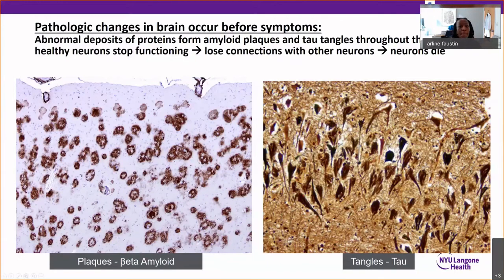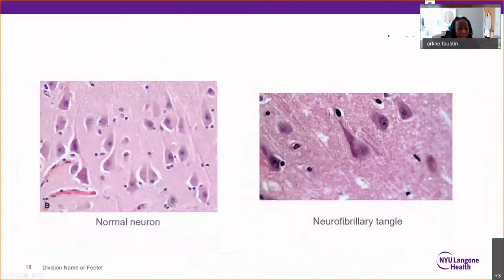But all in all, these amyloid plaque and tangle burdens stop healthy neurons from functioning. And so these healthy neurons lose connections with other neurons, and the neurons die and they shrink. So here in the amyloid, we use this brown staining of amyloid itself to stain the plaques so that we can see them. The neurofibrillary tangles seen here, they're brown because we stain them with what's called tau. That's the stain that we use to identify that protein.